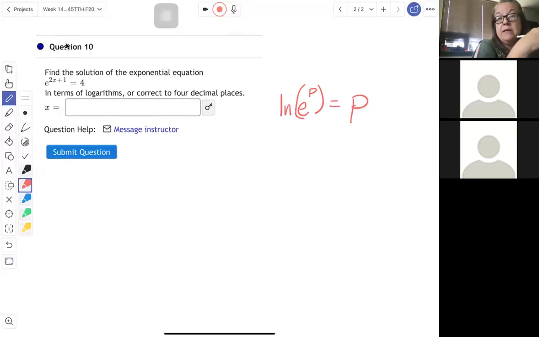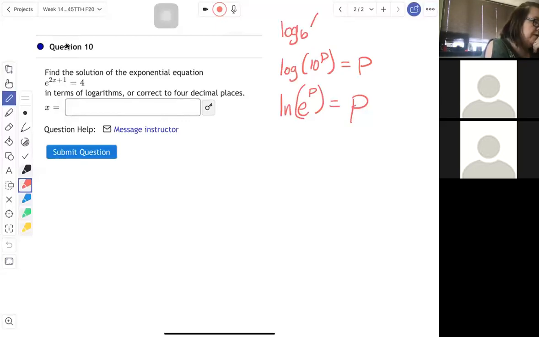We can do that because natural log is base E. So the base of the logarithm and the base of the argument have to be the same value for this to work, okay? If you were doing common log, it would look like this. And if you're doing any logarithm, this is the more general form here.